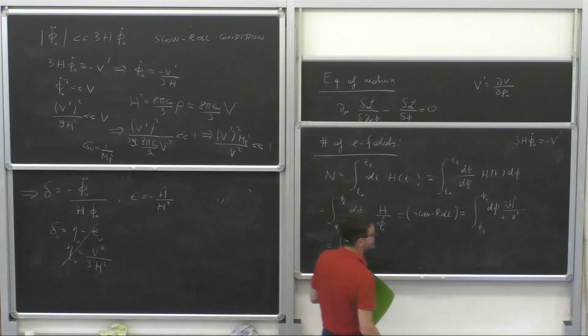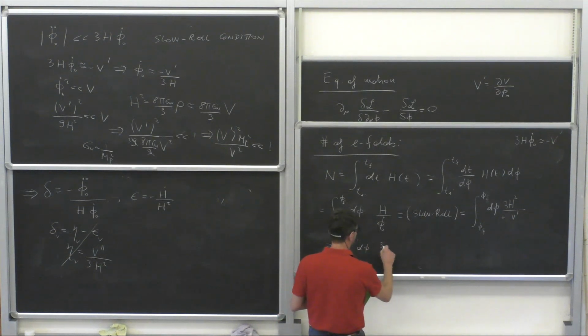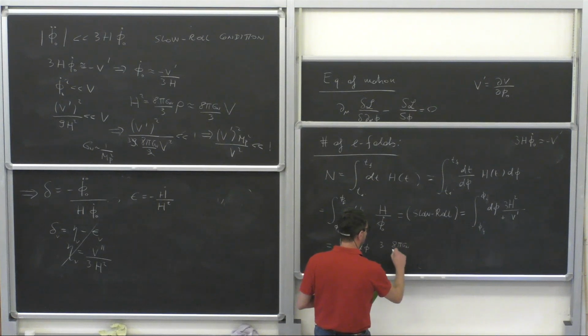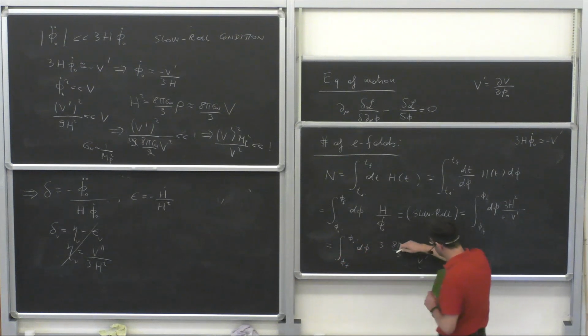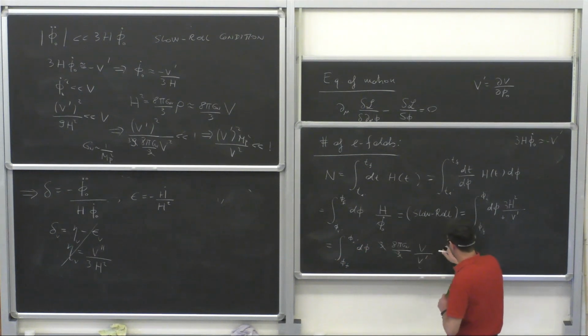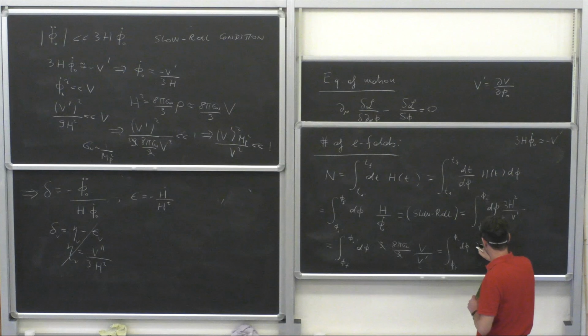What is H squared? It is 8 pi G Newton divided by 3 times V. And here I divide again by V prime, so the 3 goes away. And so I have the integral from phi final to phi initial in d phi of 8 pi G Newton V divided by V prime.